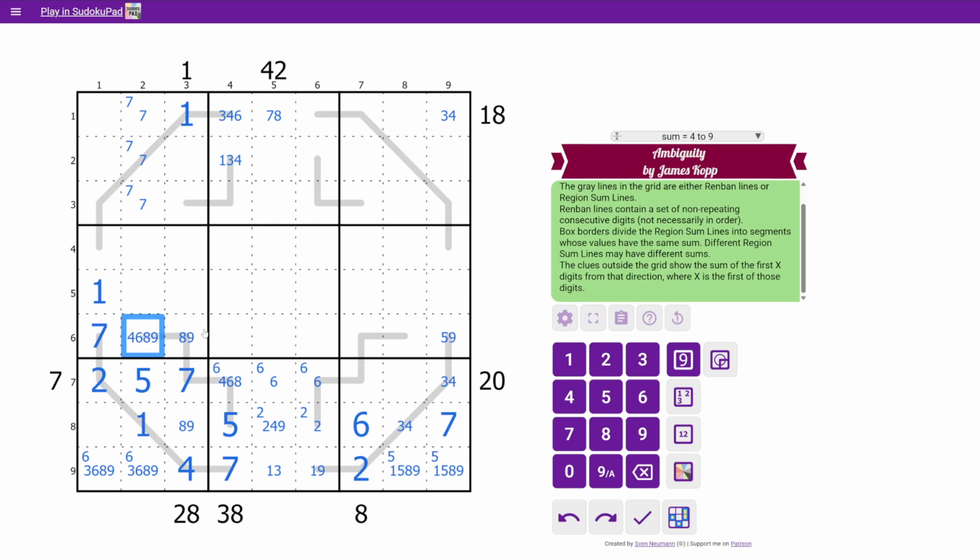Man, that's kind of crazy hard to think that far in the future. Lose track of where I go. If this is a Rin band, this cannot be a 6. So if it's a 6, it has to be a region sum.